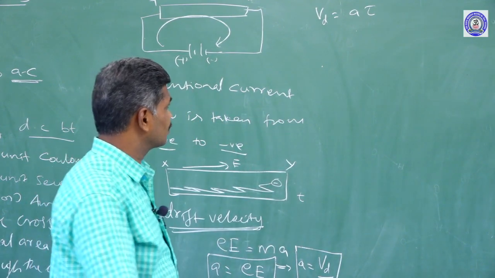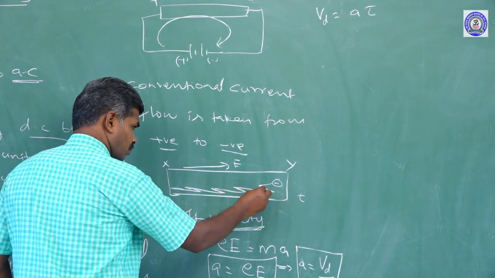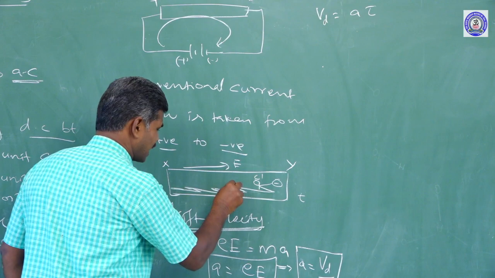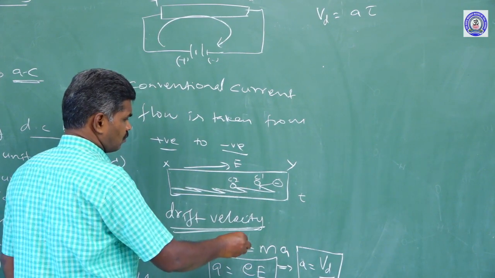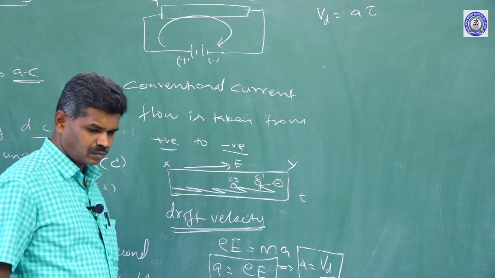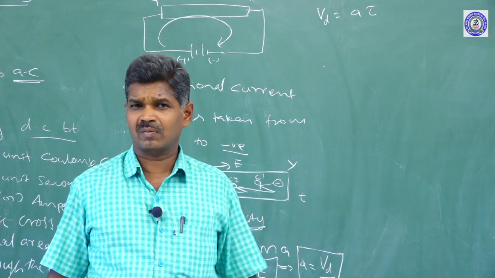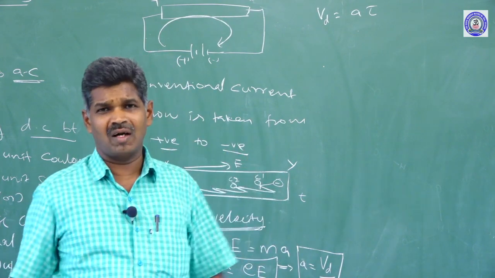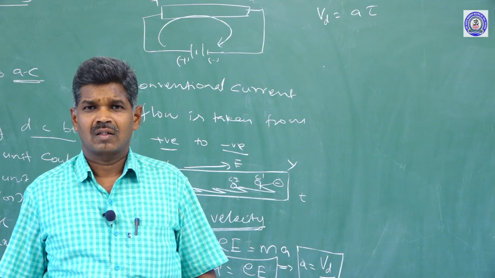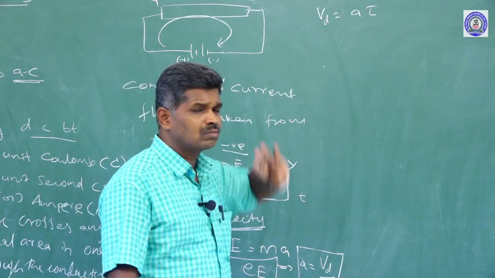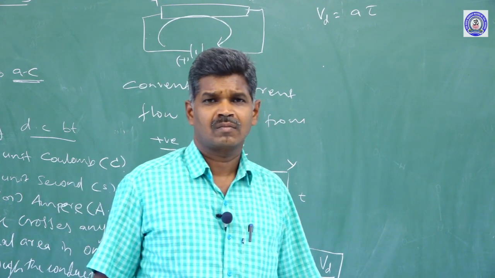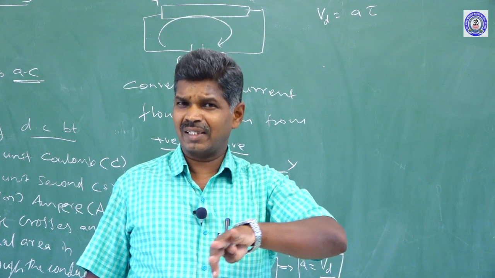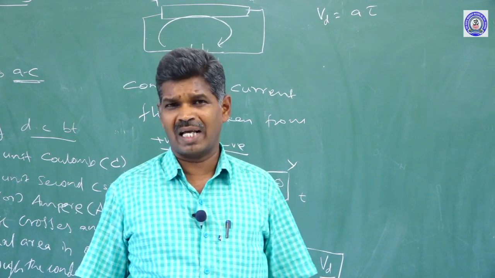What does tau mean? Suppose the first collision is collision 1 and the second is collision 2. Between two successive collisions, the free electron moves, and that takes a certain time. That time is called tau, the relaxation time. Actually, a is equal to Vd by t, basically velocity divided by time is equal to acceleration.